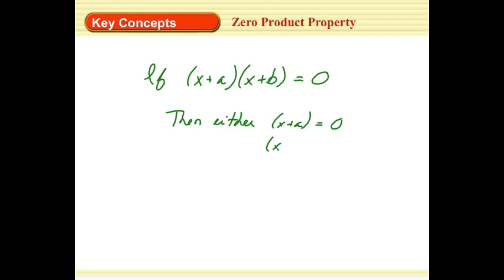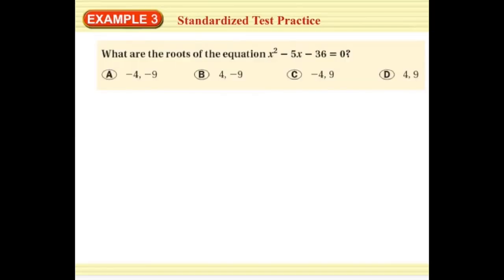So either x plus a or x plus b is going to equal 0. They could also both equal 0. And that just helps us to remember that if we wanted to set either side of these equations equal to 0, we could actually solve for x. Then we could say x equals negative a, or the opposite of a, or x equals the opposite of b. And we'll do an example.